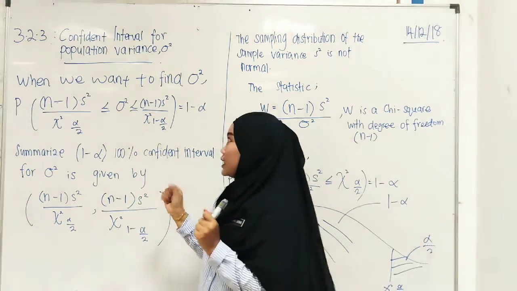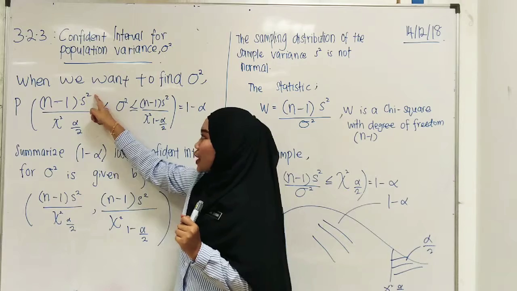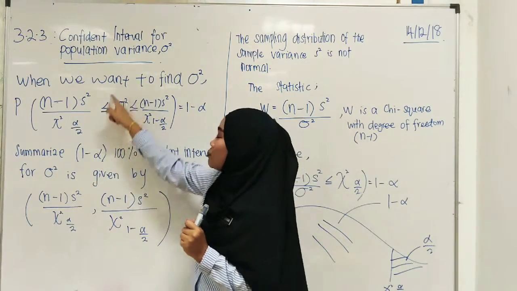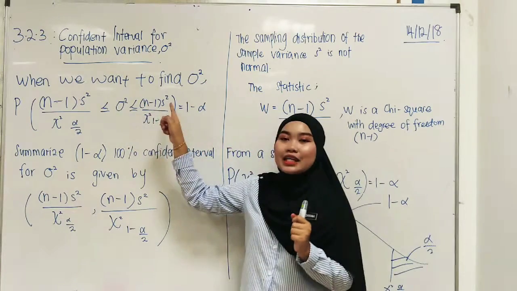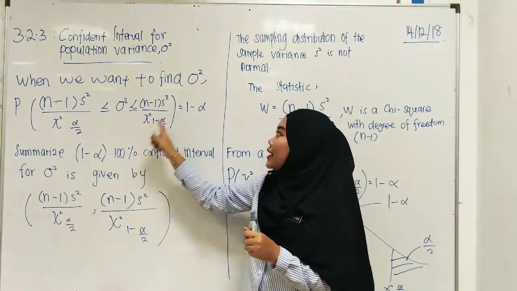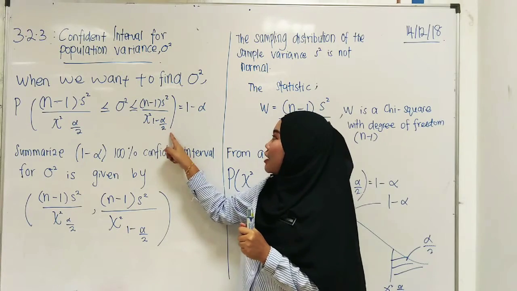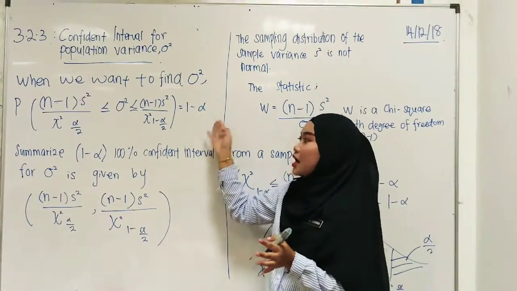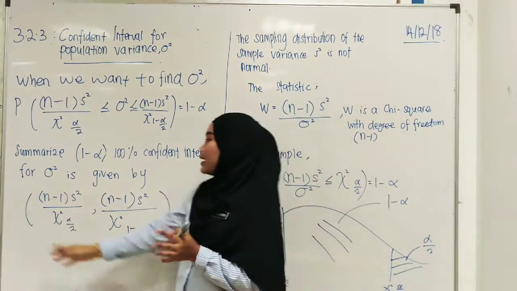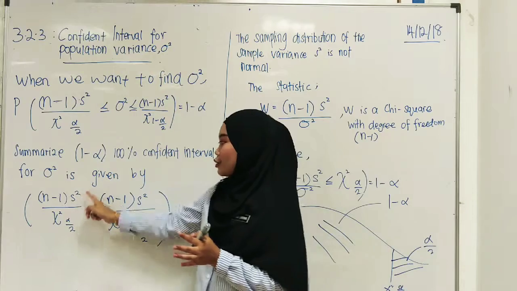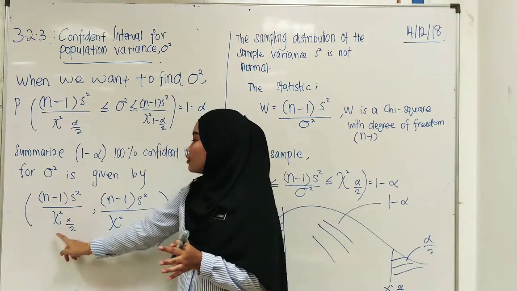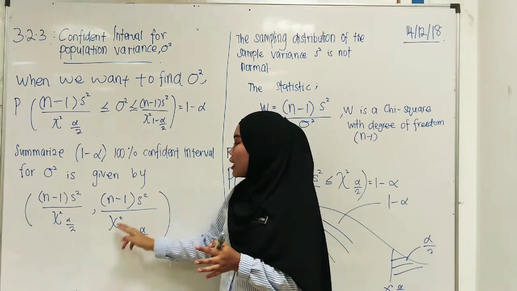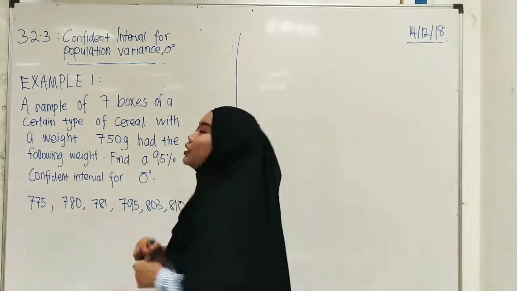So what we have here is n minus 1 S squared divided by chi-squared alpha over 2 less than the population variance, less than n minus 1 S squared divided by chi-squared 1 minus alpha over 2. So when we summarize 1 minus alpha, we will get n minus 1 S squared divided by chi-squared alpha over 2, and n minus 1 S squared divided by chi-squared 1 minus alpha over 2.